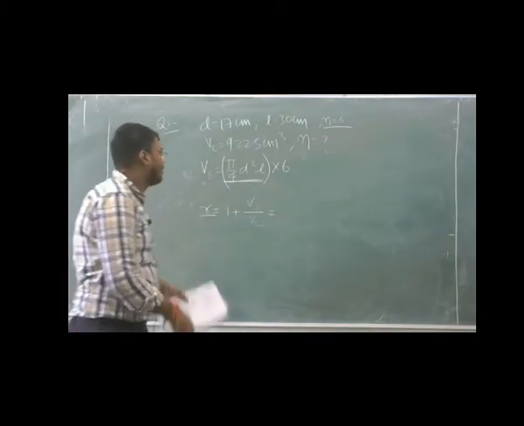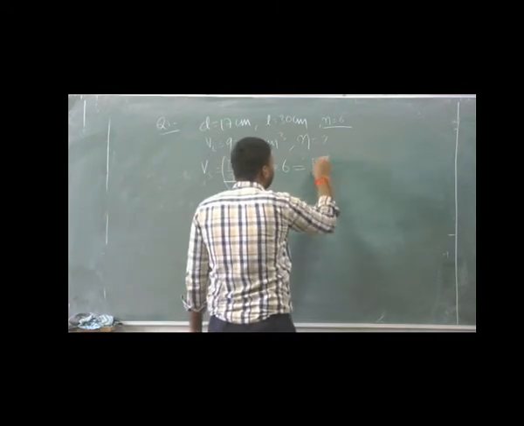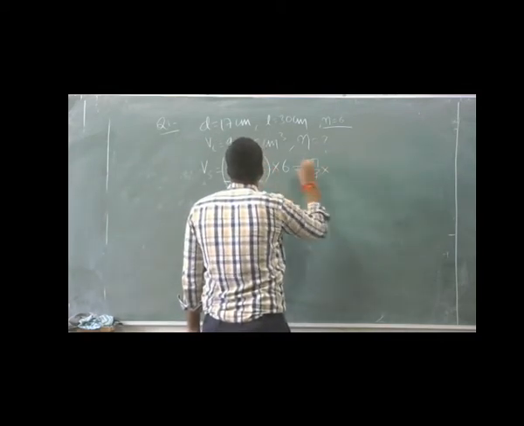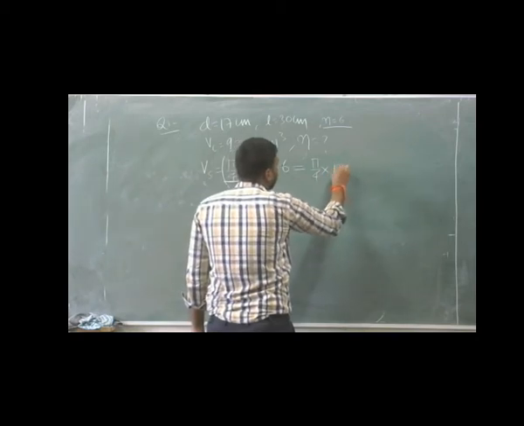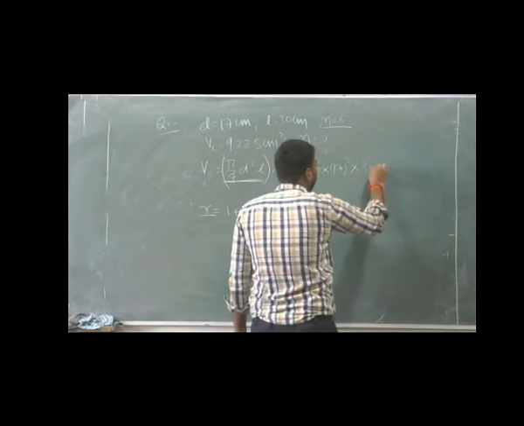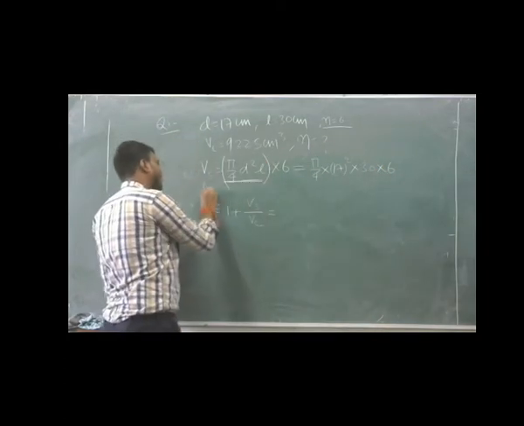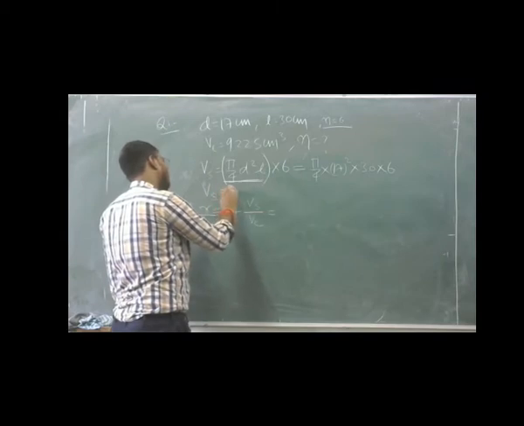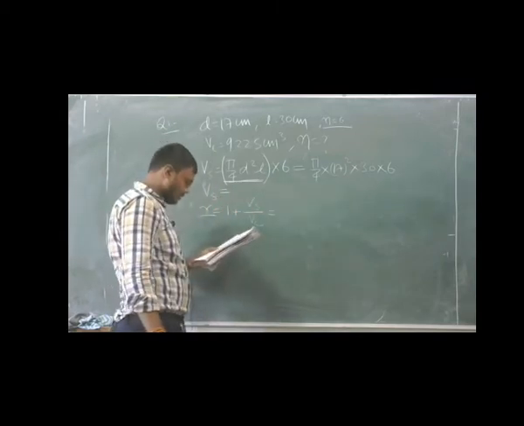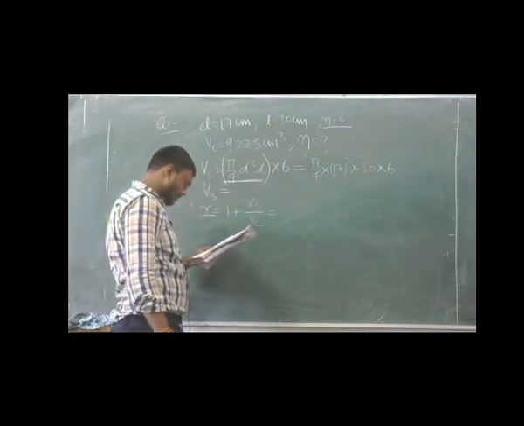So now put all the values: pi by 4 into 17 square into L is equal to 30, into 6. Now we get the total value of Vs, stroke volume.